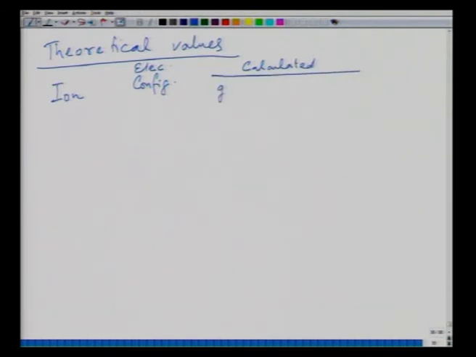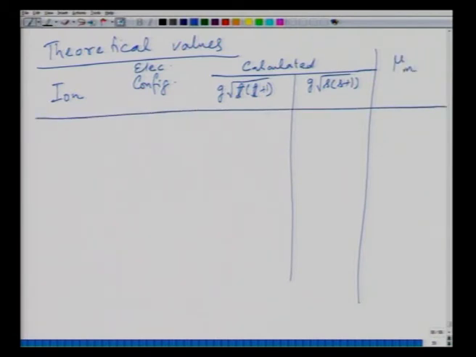Orbital is g root of j into j plus 1, and then spin is g into root of S into S plus 1, or rather make it L plus 1, and then the measured value. So this is the measured value.